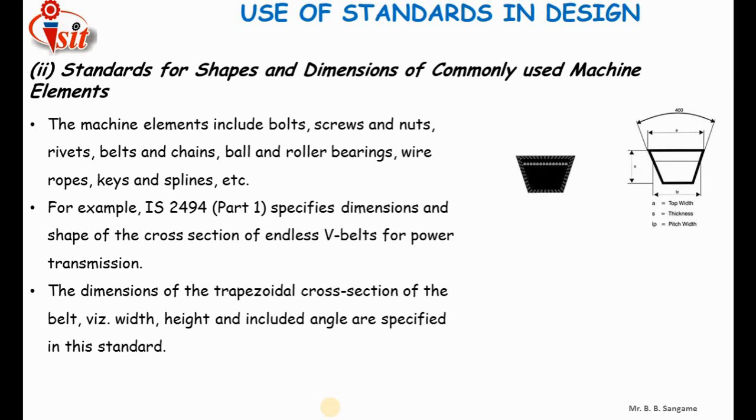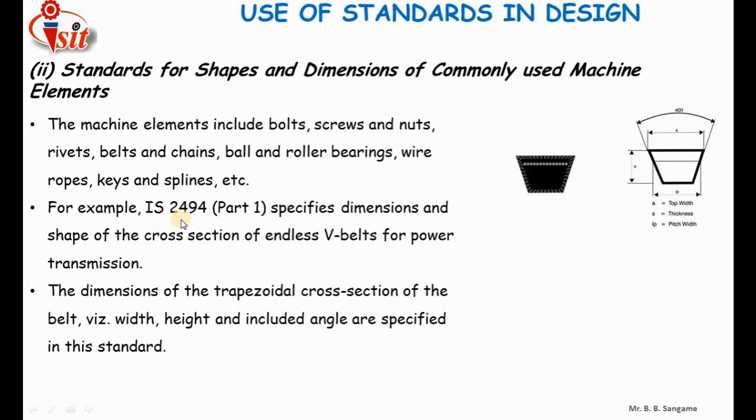These are readily available in the market, and according to the application in the Indian standard, we can select the particular type of component. What kind of component, what material should be selected, what should be the size and shape of that component, everything is mentioned in the Indian standard catalog. For example, here I have given the example of a V belt.